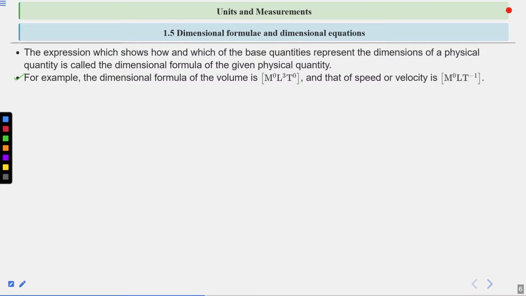For example, the dimensional formula of volume is [M^0 L^3 T^0], and that of speed or velocity is [M^0 L^1 T^-1], because velocity is distance upon time. So the dimensional formula of distance is L, and of 1 upon t, it means t inverse.